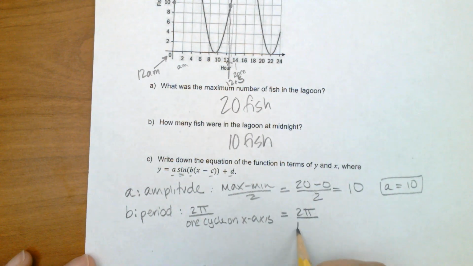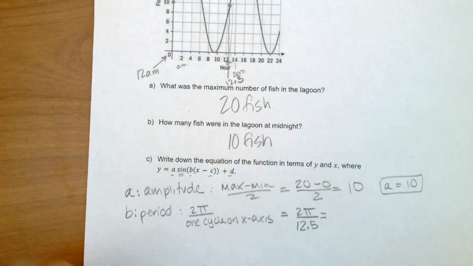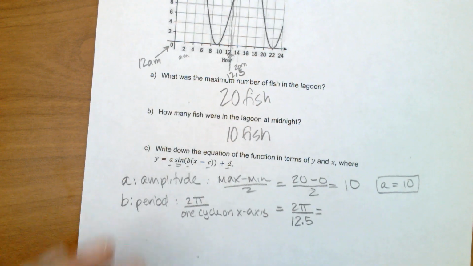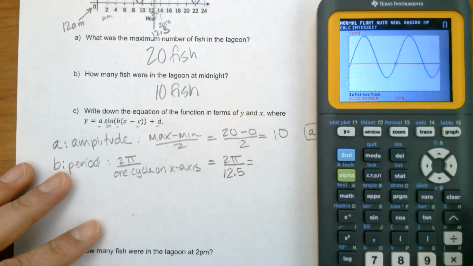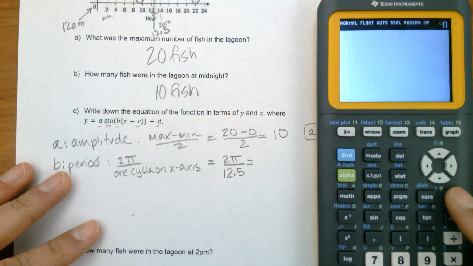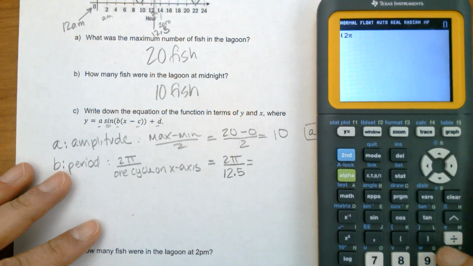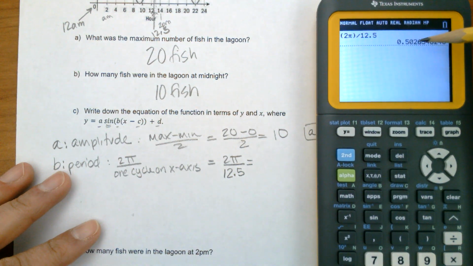All right, so it's going to be 2 pi divided by 12.5. And because we're dealing with 12.5, I'm just going to divide it out in my calculator. We're just going to get the decimal. So I'm just going to do 2 pi, I like to do it in parentheses, divided by 12.5, and I get 0.5026.